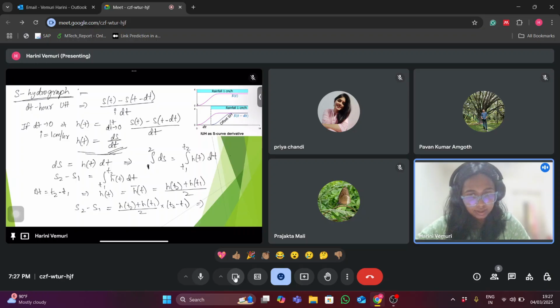So the ordinate of the unit hydrograph of d hour duration is the average of the instantaneous unit hydrograph at t plus the instantaneous unit hydrograph at (t minus d). That means the IUH lagged by d hour can be used to generate the d hour unit hydrograph.